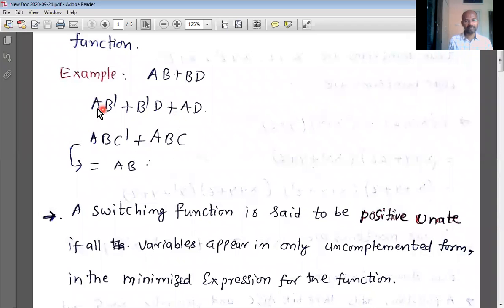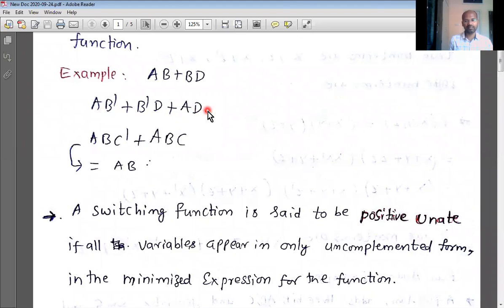No. Here A is appearing in uncomplemented form, B is appearing in complemented form. According to the definition of negative unit function, all the variables should appear in complemented form. Here A is uncomplemented, B is complemented. So it is not negative unit function. It is simply unit function.